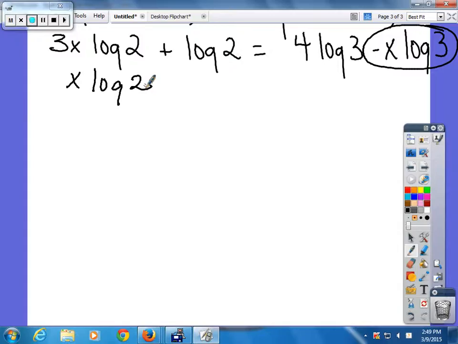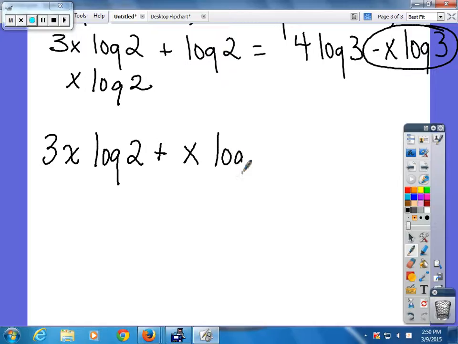And that's going to be 3x log of 2 plus x log of 2, is equal to, and what are you going to bring over? You're going to bring this over here because these are numbers. This is log of 2.